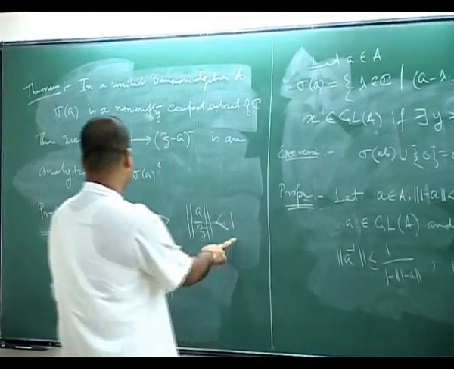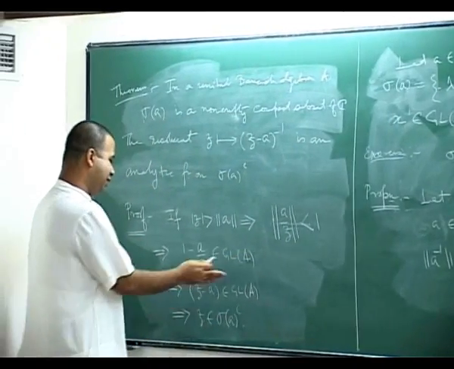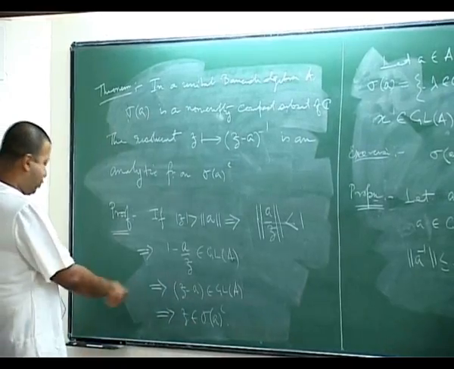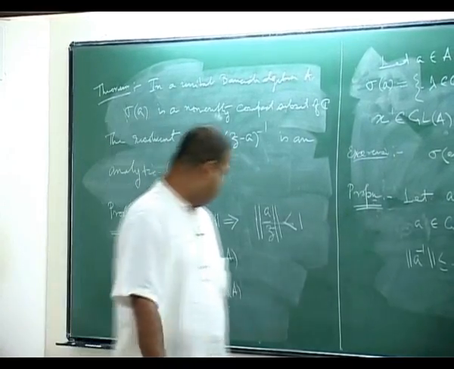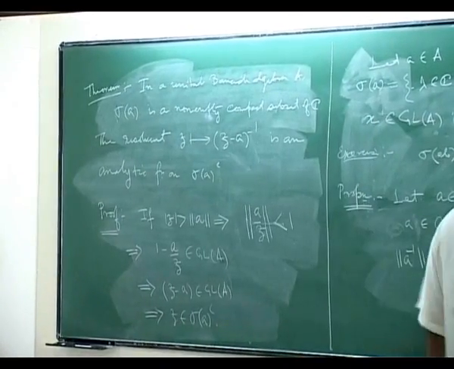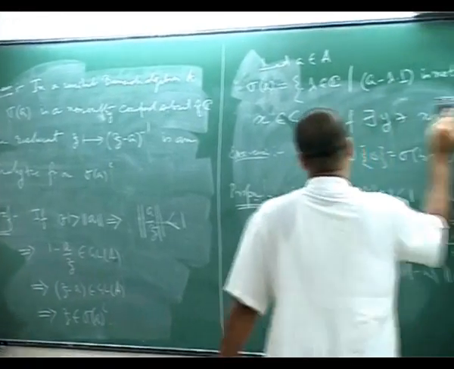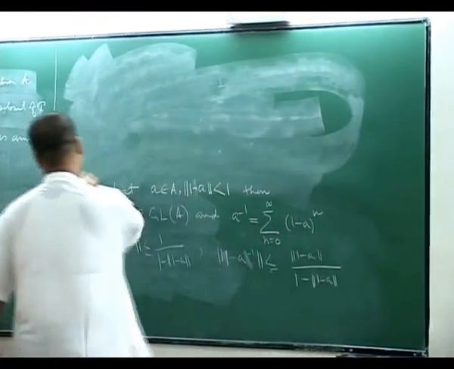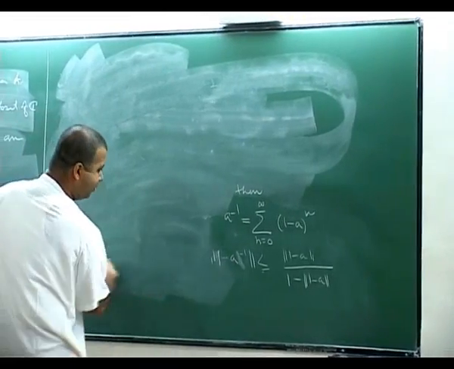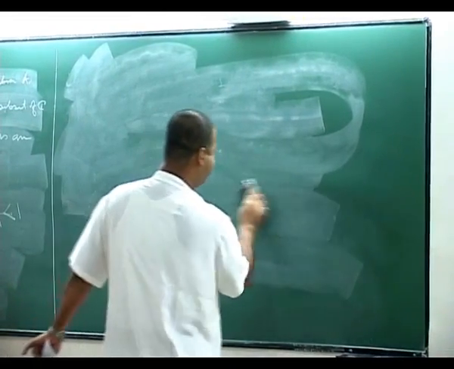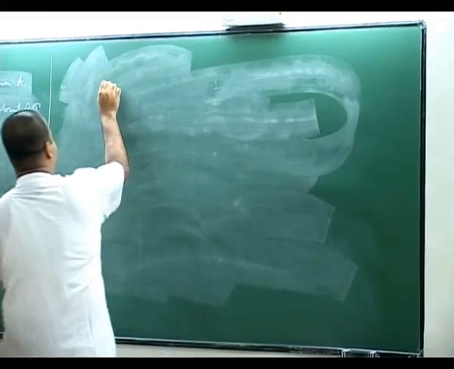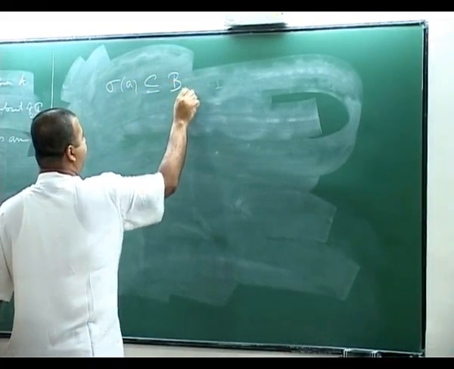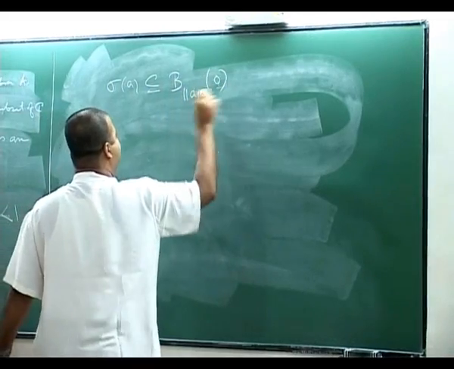The norm of this is small, so 1 minus this is invertible, therefore z minus A is in GL of A and so on. So this shows that the complement of sigma A is contained in the closed disk of radius norm A. So sigma A is contained in the ball of radius norm A around 0.